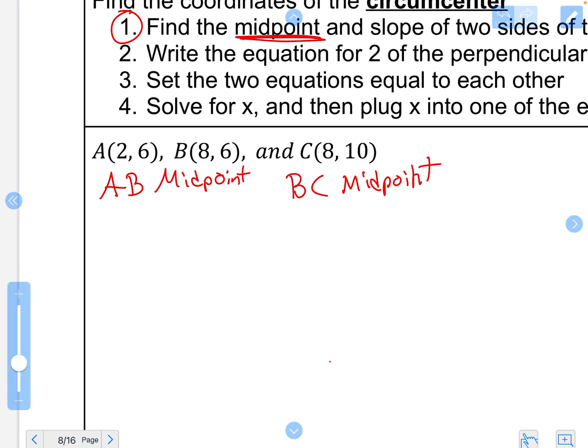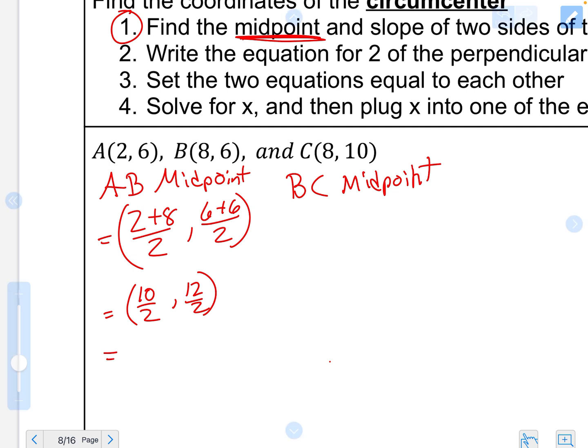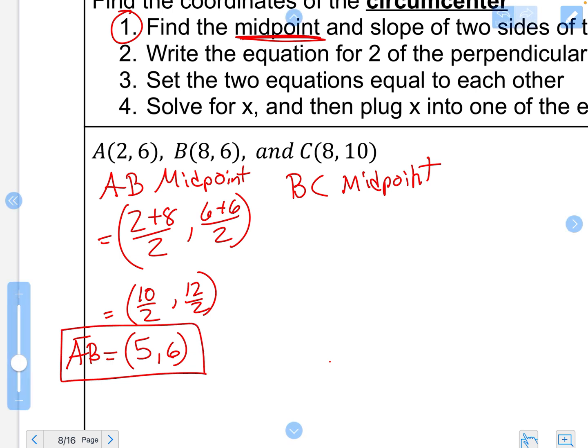So for midpoint formula, it is x1 plus x2 divided by 2, y1 plus y2 divided by 2. So that's going to give us 10 over 2, and it's going to give us 12 over 2, which gives us 5, 6. And so that is our AB midpoint.